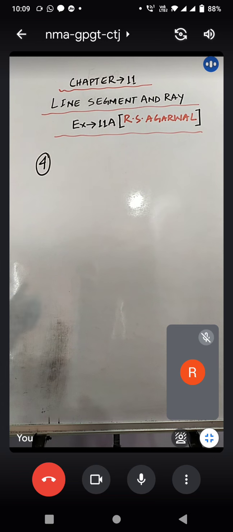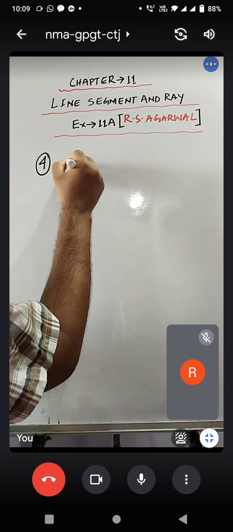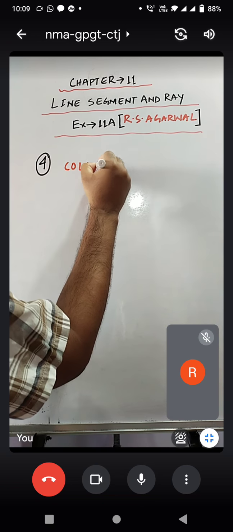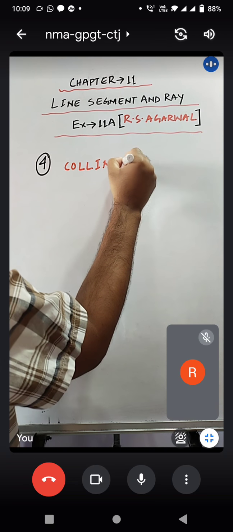In question number 4, the first question asks: what are collinear points? The first thing we have to understand is what collinear points are, so we'll write this first.